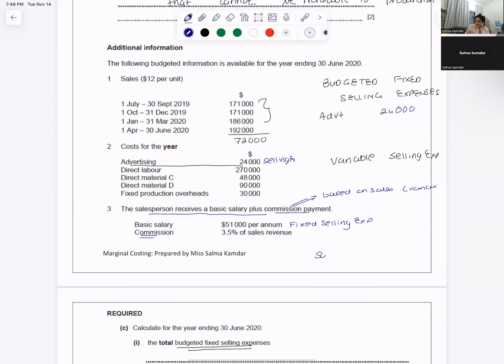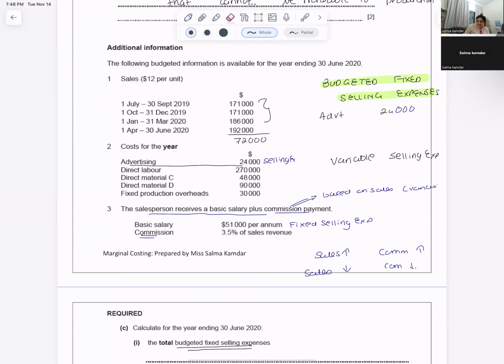If sales increase, the commission will increase. If sales fall, commission would also fall.